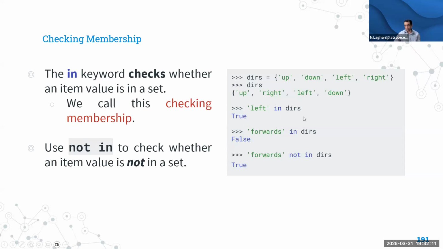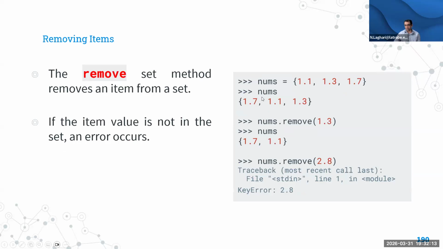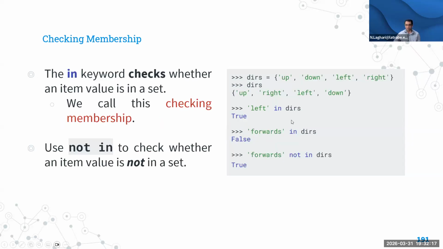If it is true, then you can remove it using the remove method. If it is not, then you can leave it so that you do not get any error. Forward in dirs is false, because it is not there. And if you say forward not in dirs, yes, it is not in directions, so it gives us true, right?